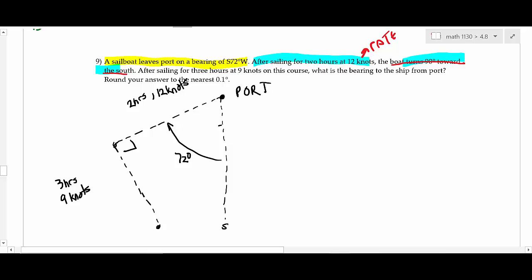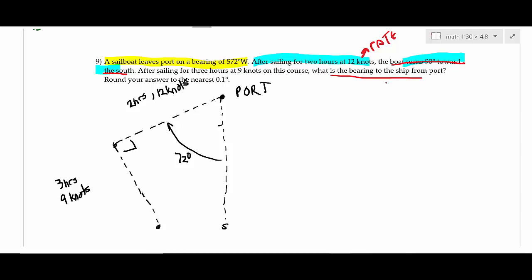All right, now what we need to do on this is ultimately the question on this problem is what is the bearing to the ship from the port? Okay, so this is kind of where I think you can get a little bit tricky. So if you were measuring this bearing to the ship from the port, you would be looking at an angle in there.